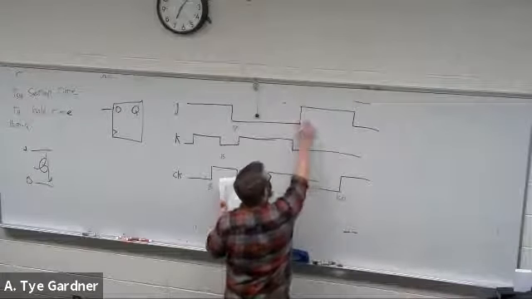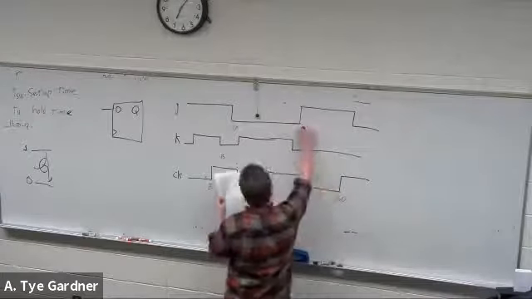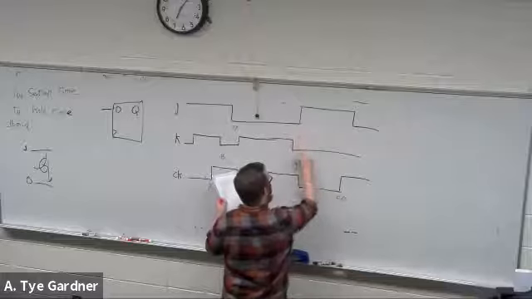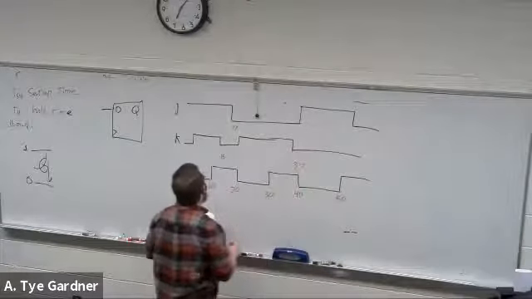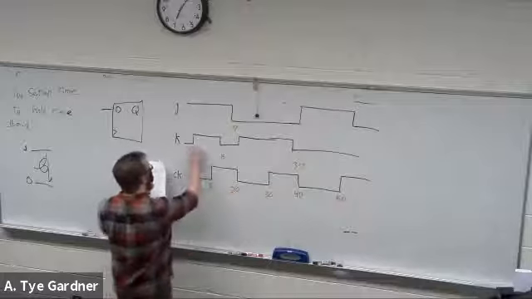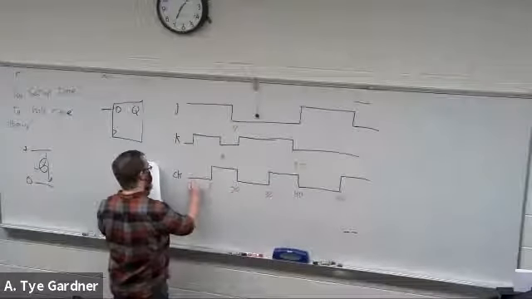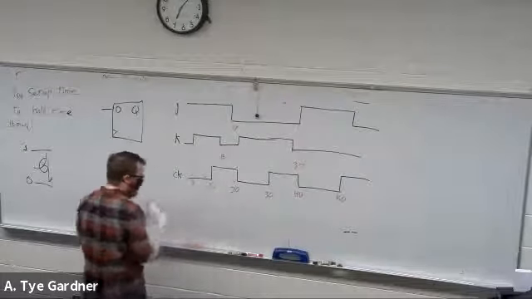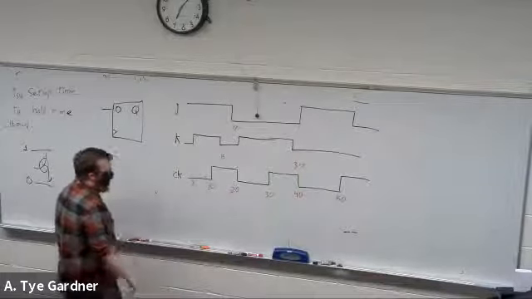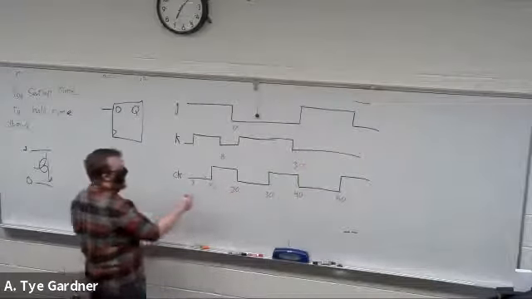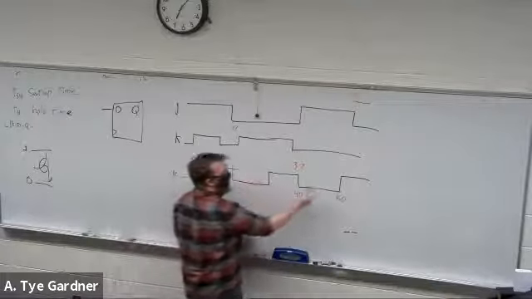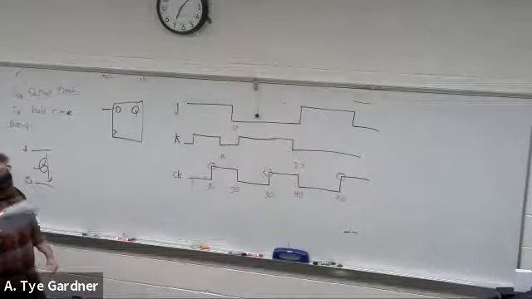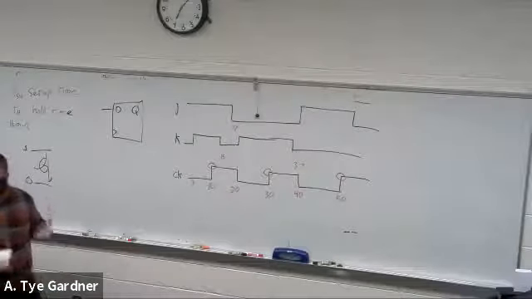I really hate drawing these, but I've had issues with the overhead recently. So anytime my clock rises, I need to be concerned about what is going on around it, the input.